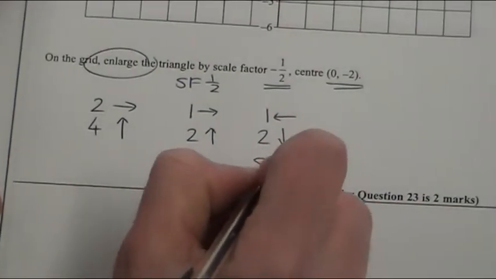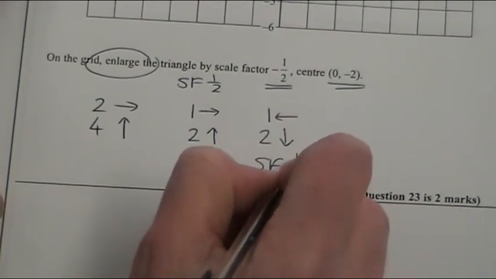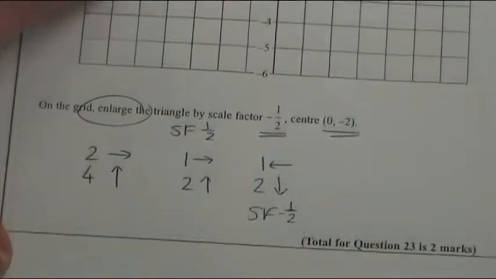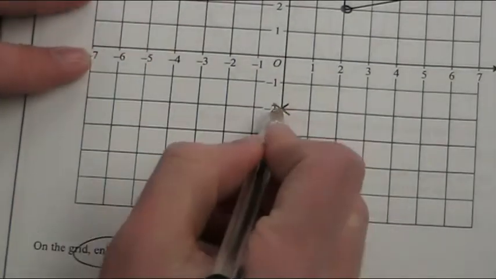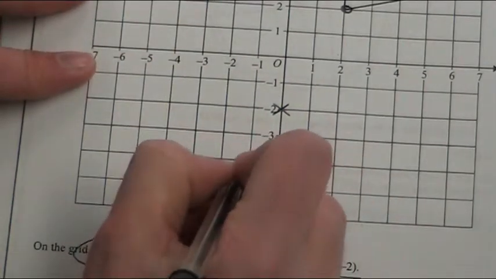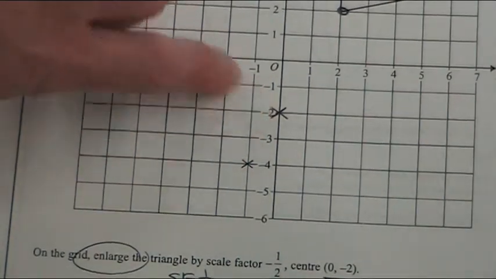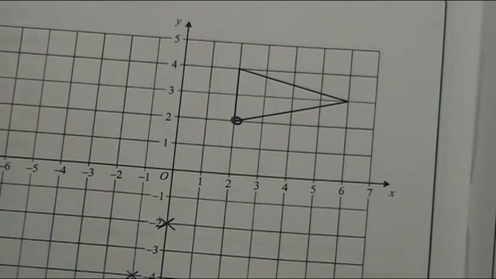So this is the scale factor -1/2. It means we go in the opposite direction to what we normally would. So bearing that in mind, I'm going to go 1 left and 2 down from my centre.